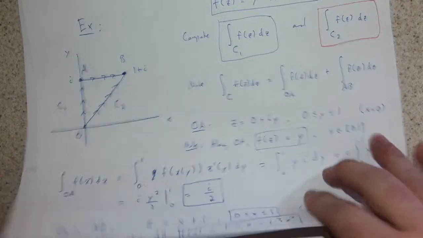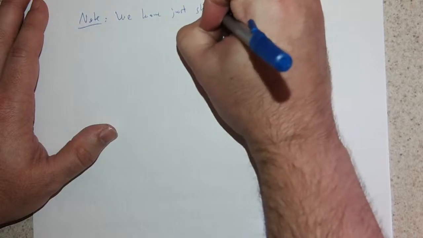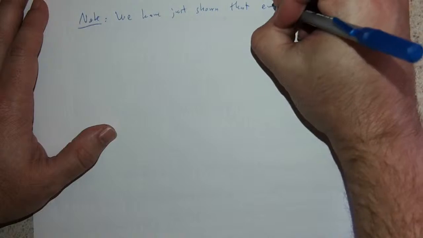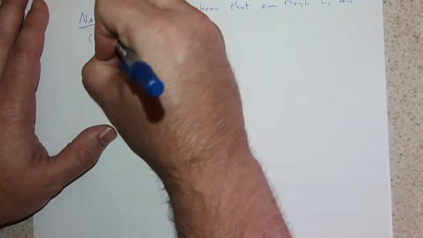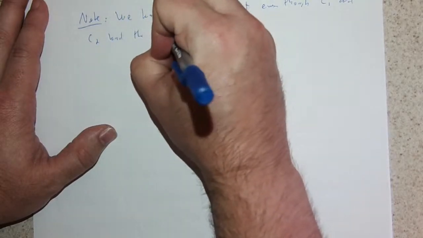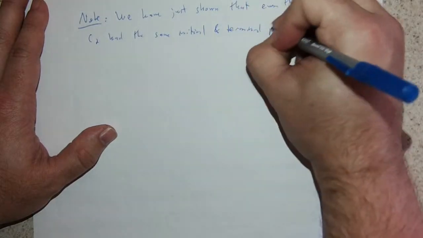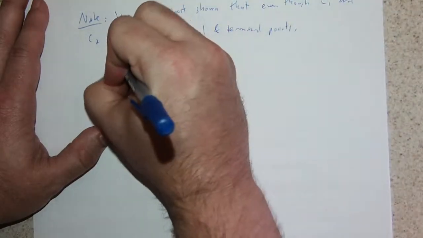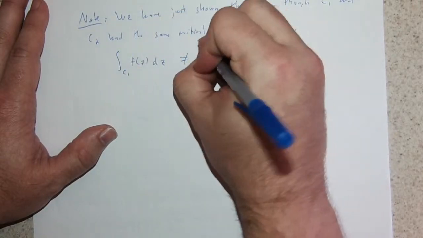Okay, so note we have just shown that even though C sub 1 and C sub 2 had the same initial and terminal points, the value of these contour integrals were not the same.